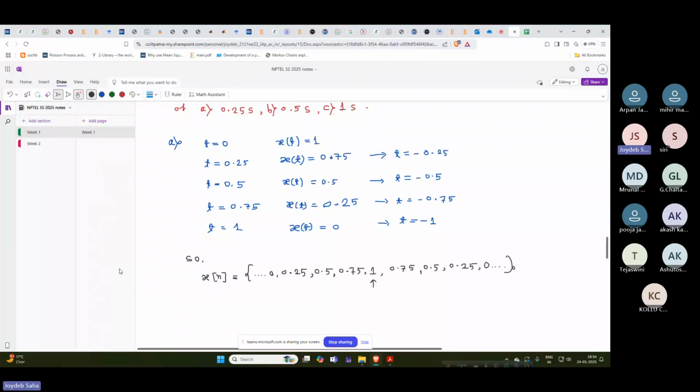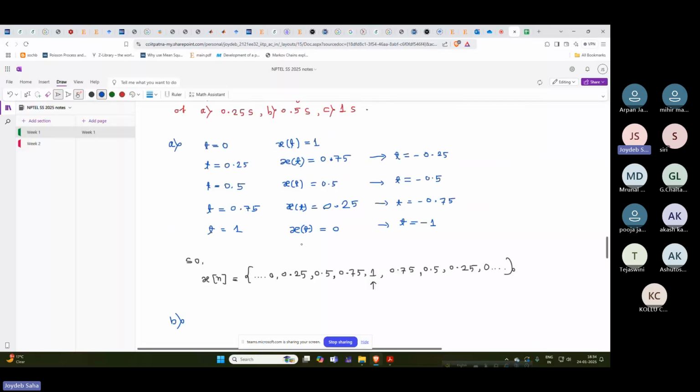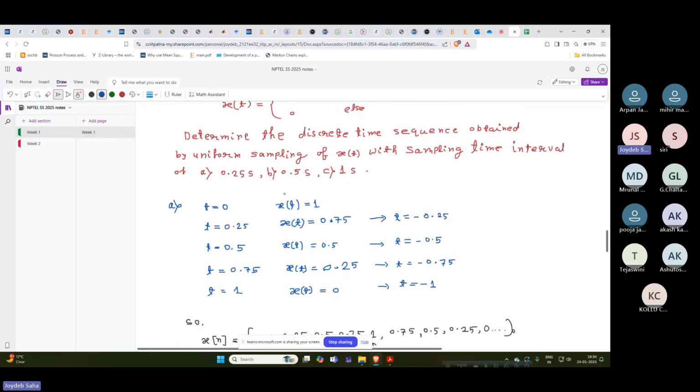So in a similar way we will solve B and C. You people take 2 or 3 minutes and try to solve B. What will be the sequence for 0.5 sampling time?